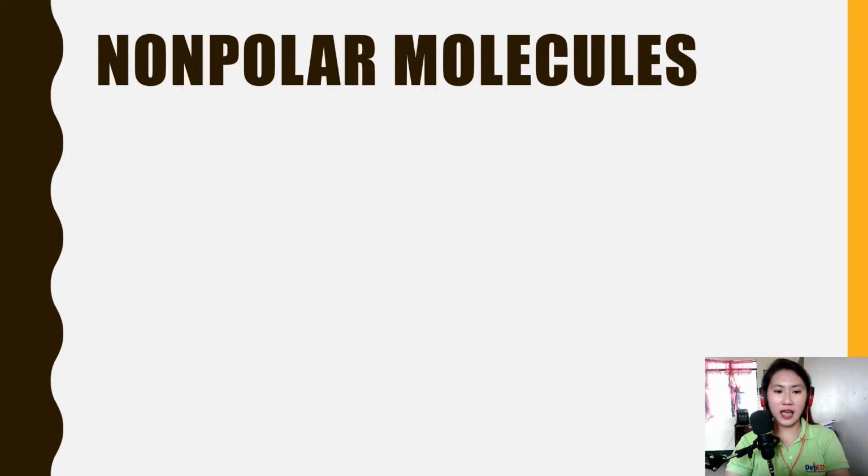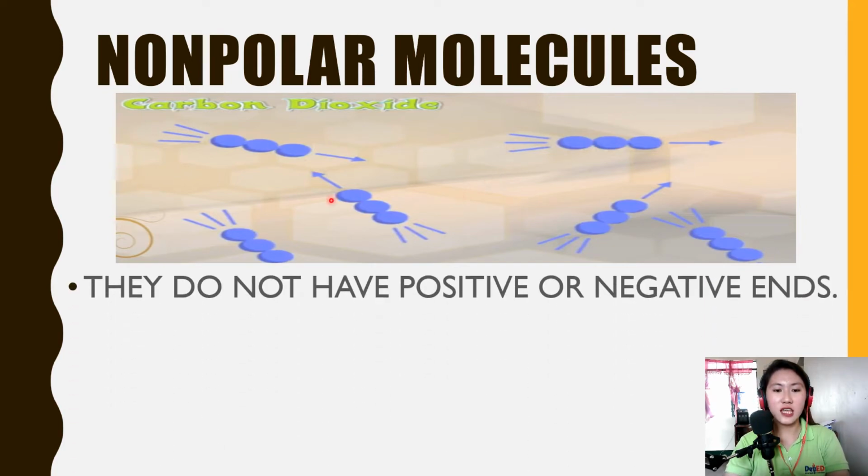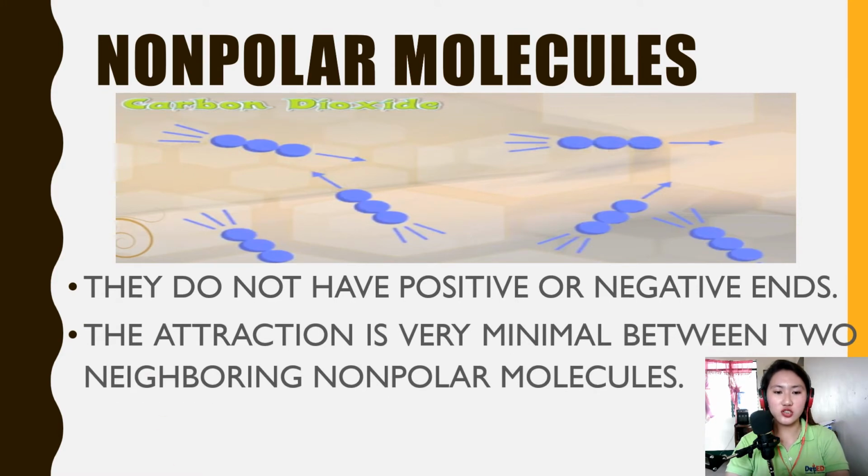Now we have nonpolar molecules. An example of a nonpolar molecule is carbon dioxide. They do not have positive or negative ends, since we all know that nonpolar molecules have an equal distribution of electrons. So the attraction is very minimal, or they have little to no attraction between two neighboring nonpolar molecules.